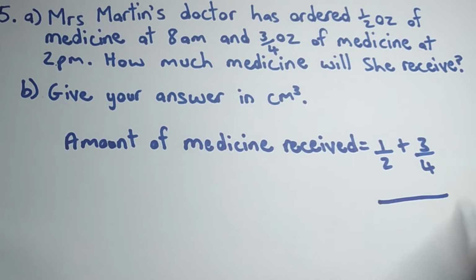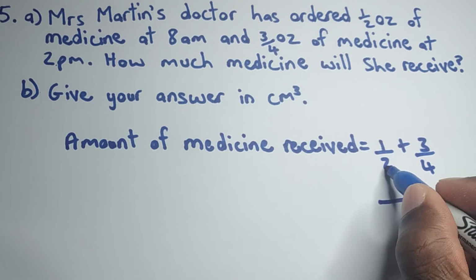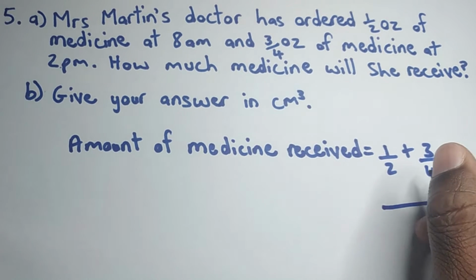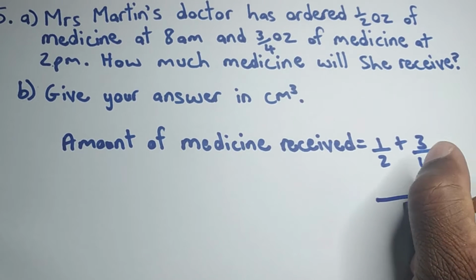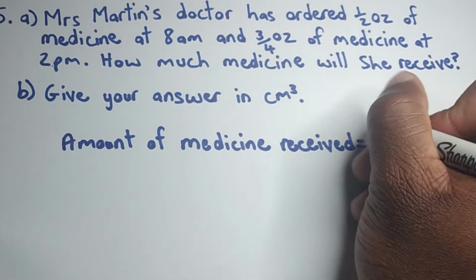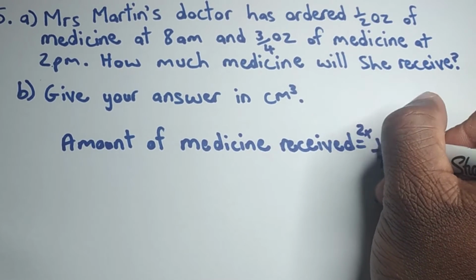Now, we want to find the lowest common multiple, all right? Any multiple actually works, but let's find the lowest common multiple. So what's the lowest common multiple for 2 and 4? That's the lowest number that both 2 and 4 can go into without leaving a remainder. All right, that number would be 4. So 2 can go into 4 and 4 can go into 4 without leaving a remainder. So 2 goes into 4 2 times. We'll use that 2 to multiply the corresponding numerator right here.